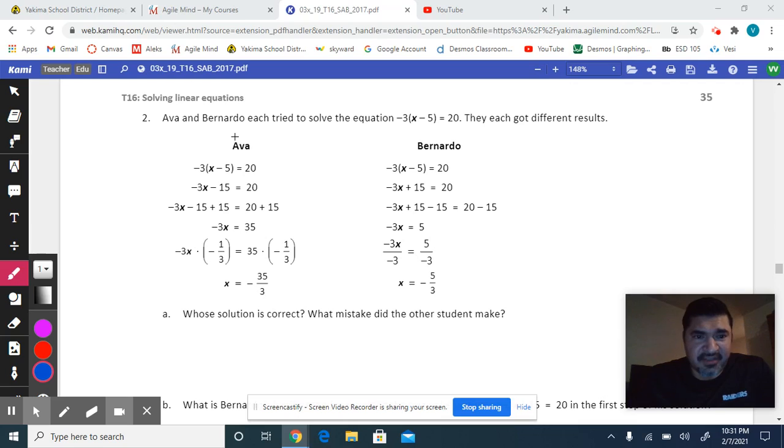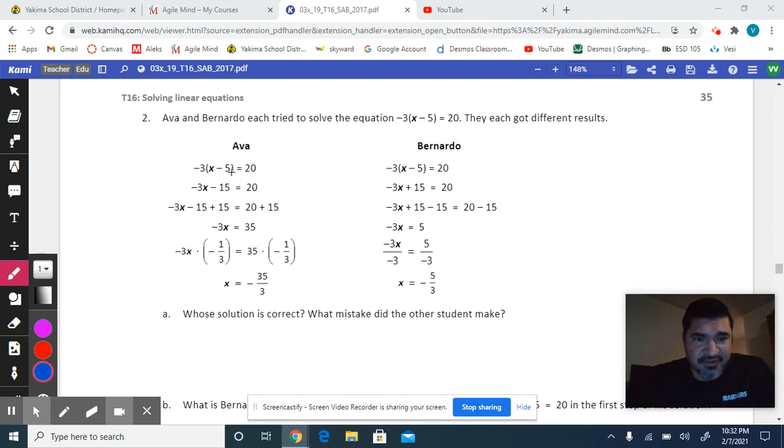Number 2 says Ava and Bernardo each tried to solve the equation negative 3 times the quantity of x minus 5 equals 20. They each got different results. Let's take a look here. Obviously one of them is wrong. So here's the equation.